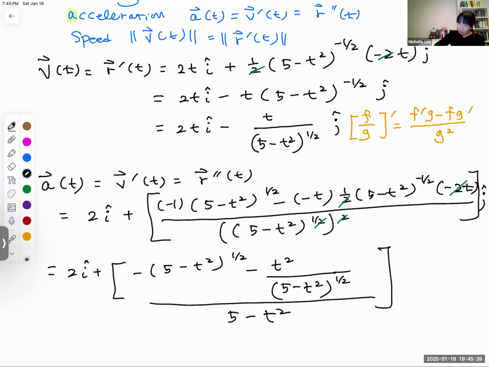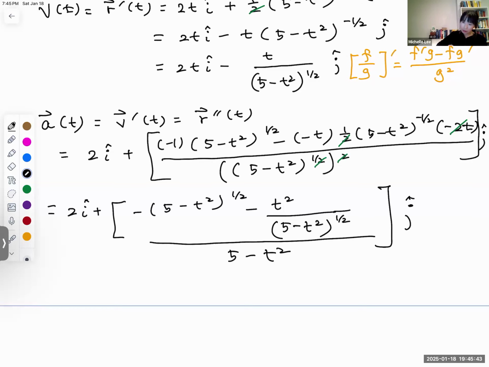Okay. So let's make a common denominator. That will be over 5 minus t squared to the 1/2, and times 5 minus t squared to the 1/2.